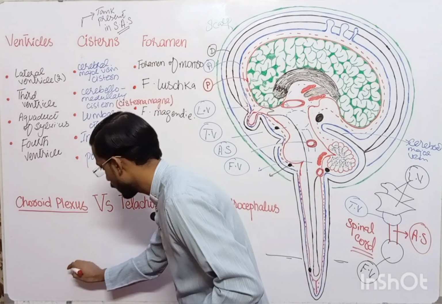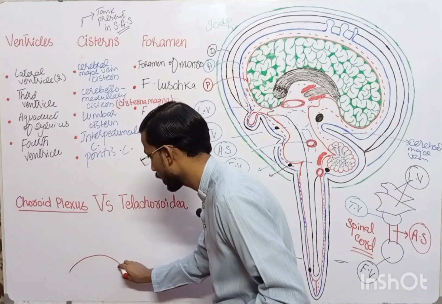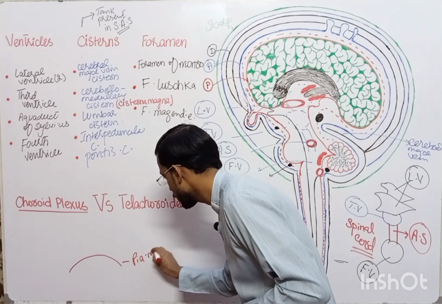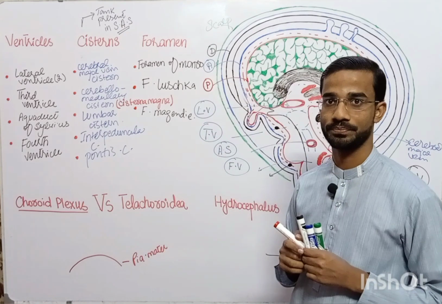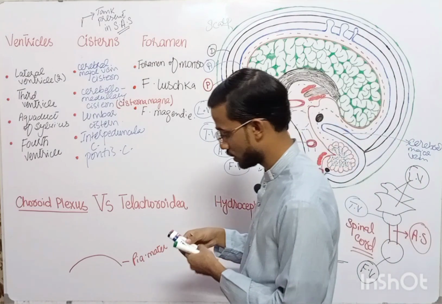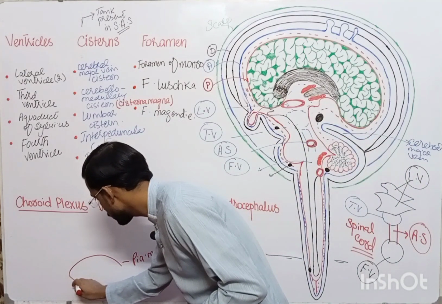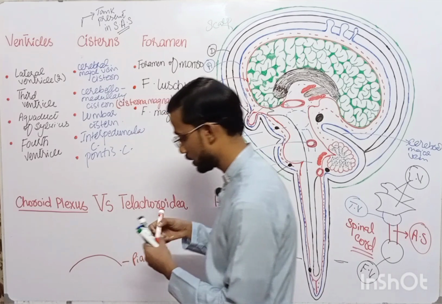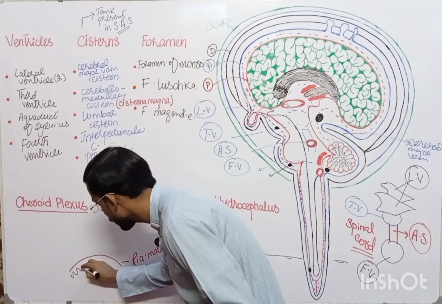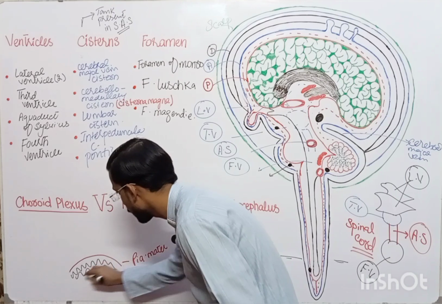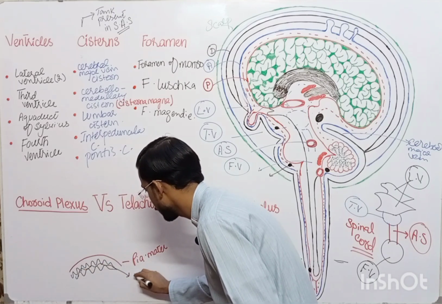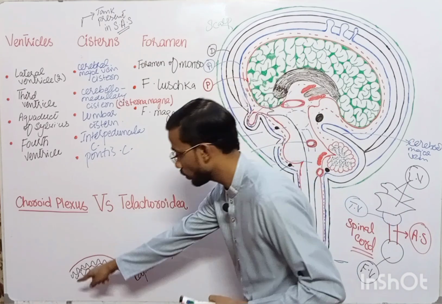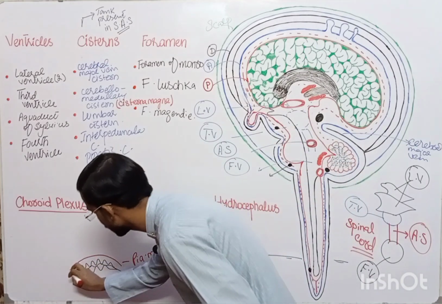Here you can see this is the pia mater of the brain. And here these are the blood capillaries, and the pia mater surrounds these capillaries like this.